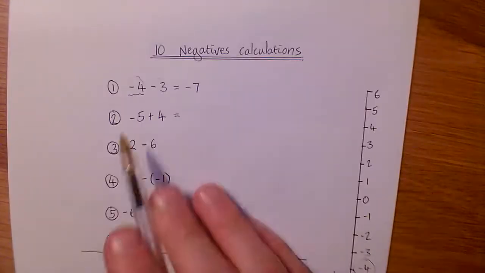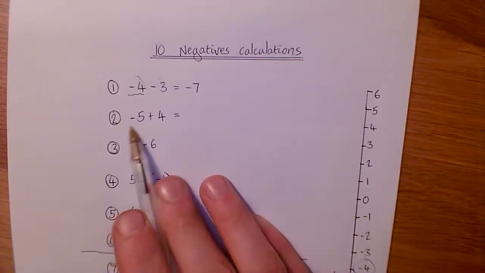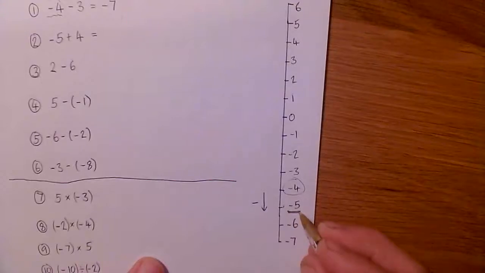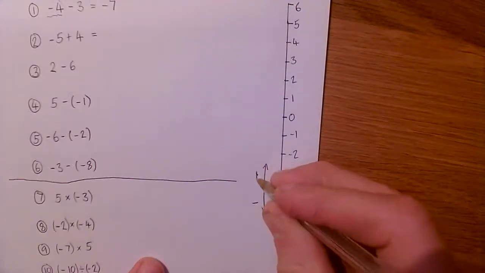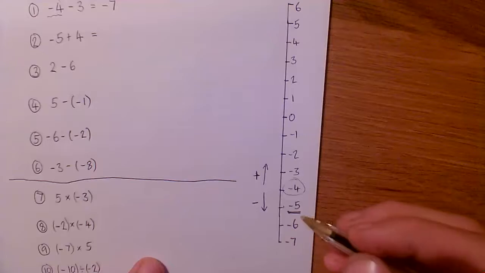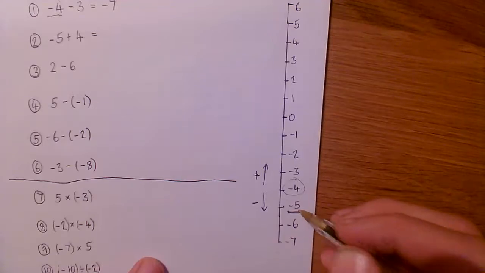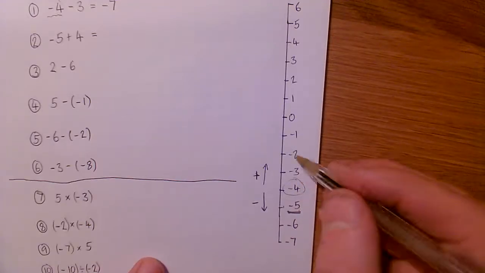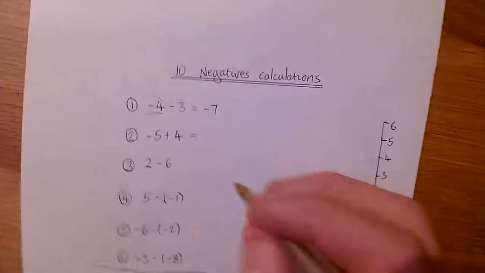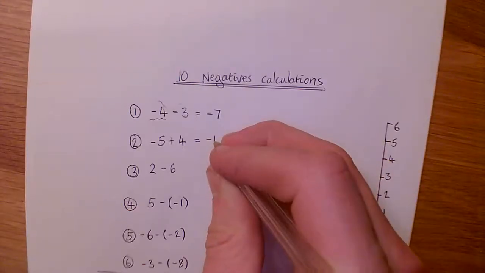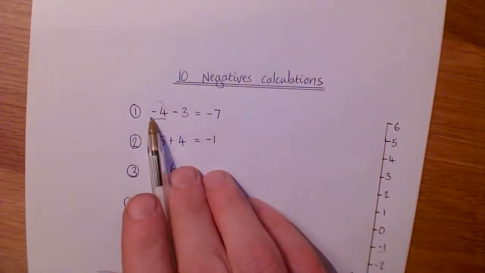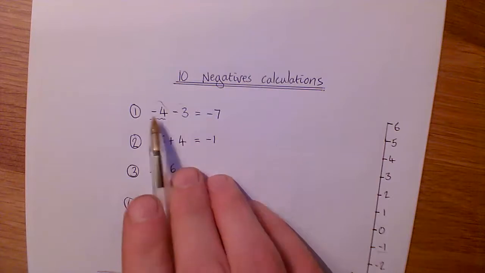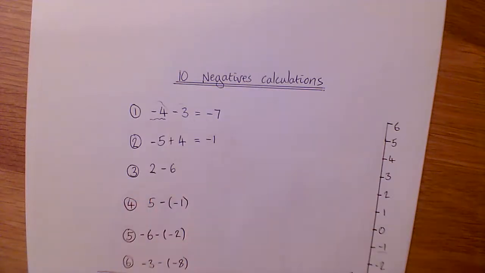Again, thinking about this as our starting point. So we're starting at -5 this time, and we're adding, which is going that way on our number line. So we're starting at -5 and we're adding 4. So -5, 1, 2, 3, 4 gets us to -1. Now, the reason I want you to think about it that way is I don't want to hear people saying, oh, but there are 2 negatives, so I should get a positive answer.